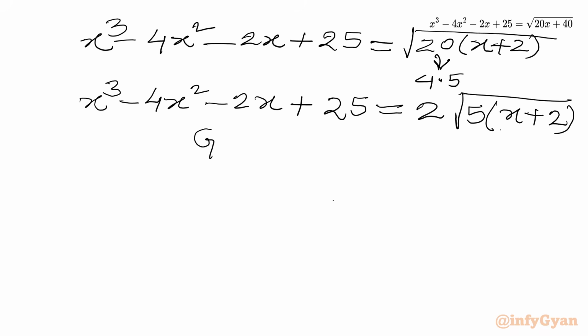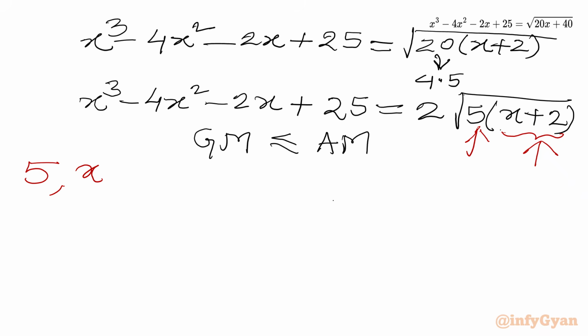Now we will use the GM is less than or equal to AM inequality. Suppose we have two numbers, 5 and x plus 2. Both numbers are positive as per the condition.